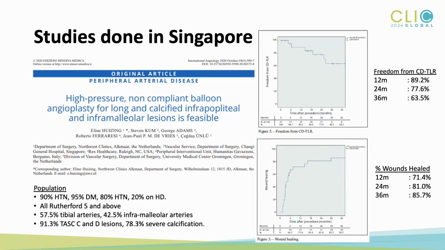Freedom from CDTLR at 12 months, 89%, 24 months, 78%, 36 months, 64%. Quite respectable for this group of patients with 57.5% tibial arteries, 42.5% inframalleolar arteries, severe calcification in 78%. More interestingly would be the percentage wound healing achieved at 36 months, 85.7%.